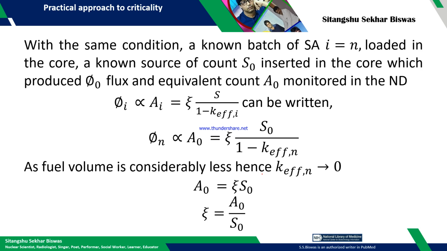With the same condition, a known batch of subassemblies, suppose I is equal to n, is loaded in the core, and I am introducing one source of count S0, which produces neutron flux phi 0, and the equivalent neutron count is A0, which is monitored in the neutron detector. Don't be confused, because it is simply for calculating all these constants for more accuracy. So this is a simple variation problem.